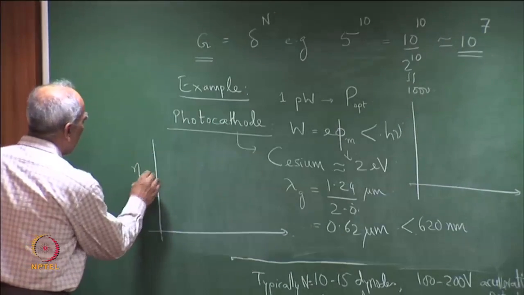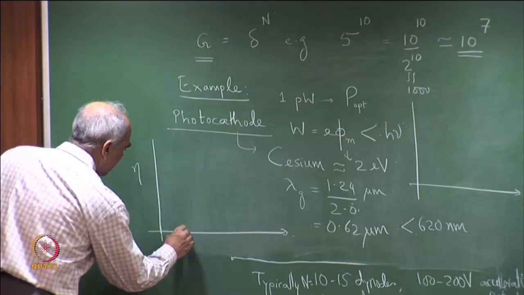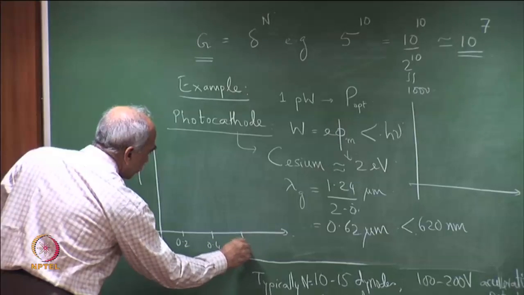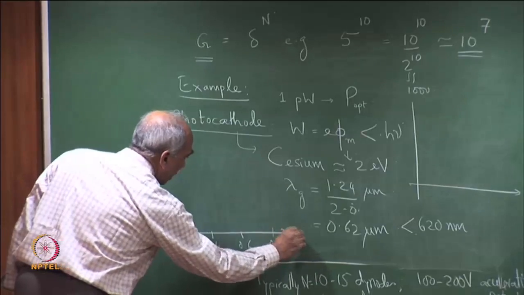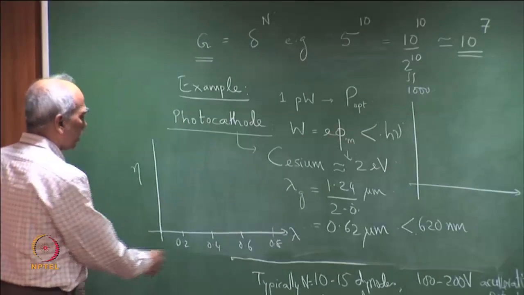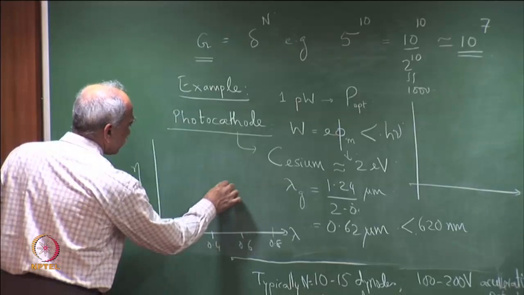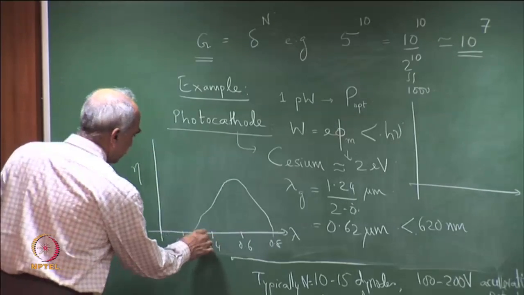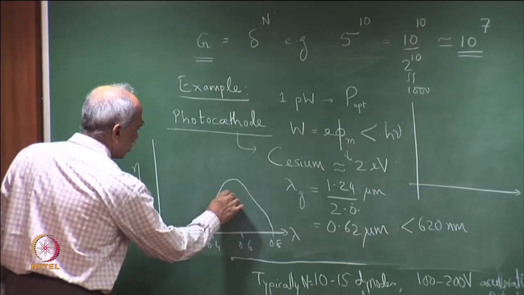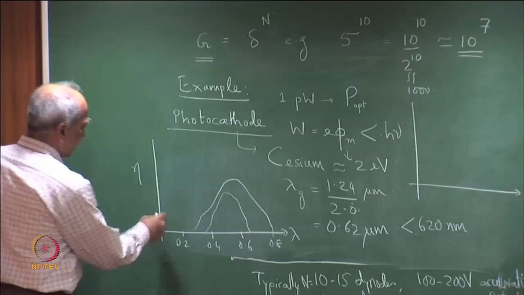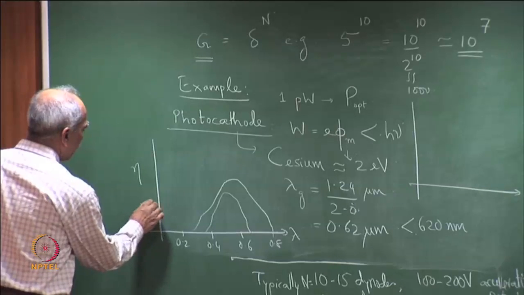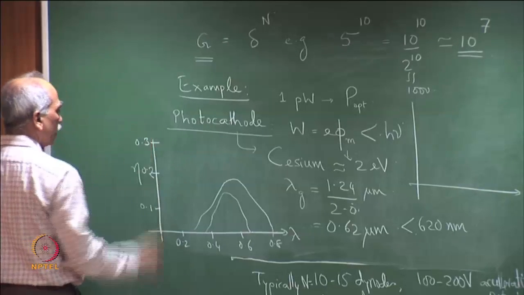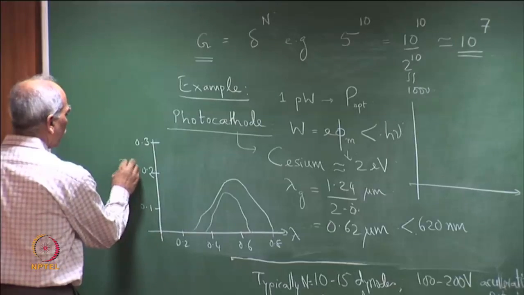If we see the typical quantum efficiency eta versus wavelength, we have 0.2, 0.4, 0.6, 0.8 for lambda, and the numbers here for eta are about 0.1, 0.2, 0.3.